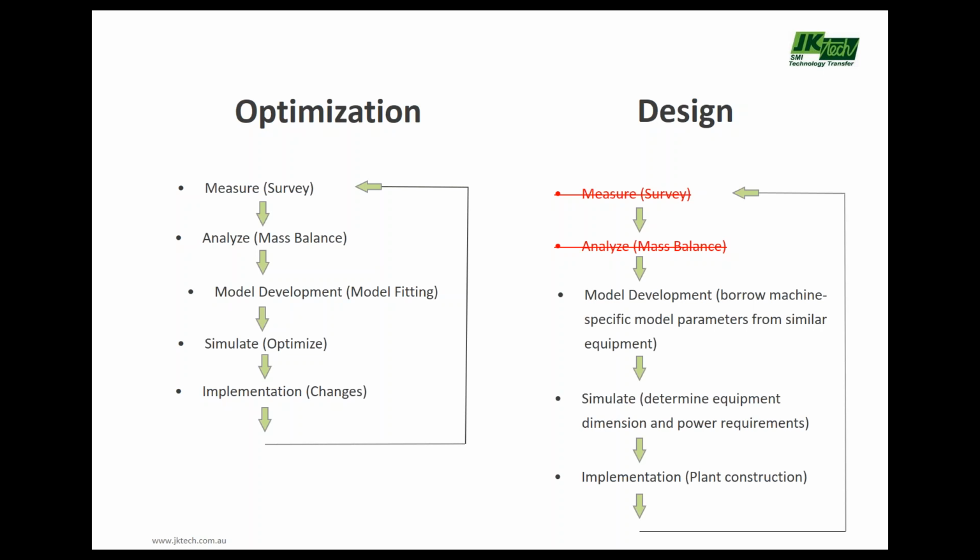So we basically use a database where we borrow machine-specific model parameters coming from similar pieces of equipment, performing similar duties on similar ore types, and use those suitable and selected model parameters and run simulations. And obviously, the implementation will come with the plant construction.